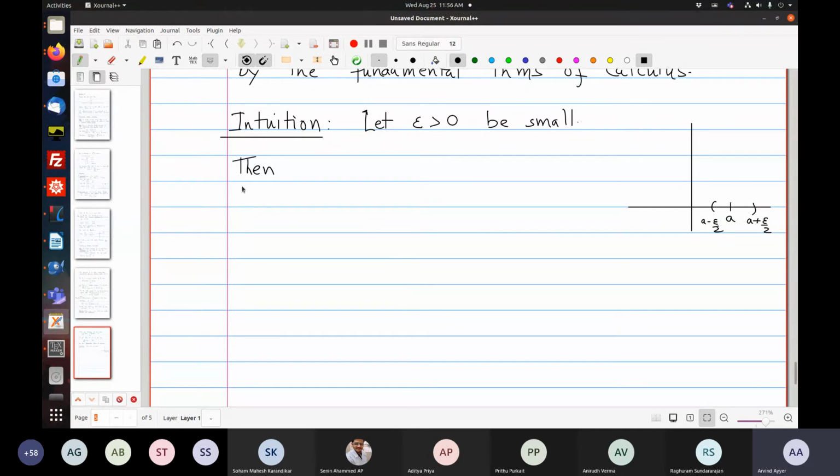Then the probability of a minus epsilon by 2 less than x less than a plus epsilon by 2, it can be less than or equal to, I don't care, by definition is equal to the integral from a minus epsilon by 2 to a plus epsilon by 2 of f(u) du.